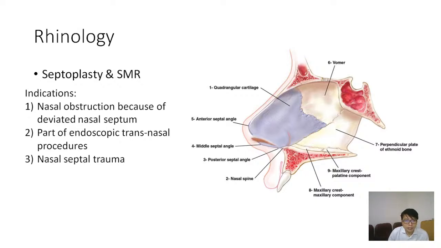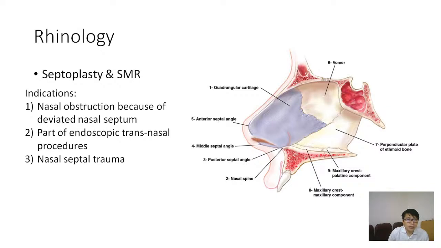When the nasal septum is deviated, causing obstruction to one nasal cavity, or the deviation is causing recurrent sinusitis, because if the septum is deviated very laterally, it can obstruct the sinus outflow and cause recurrent sinusitis, then there is an indication to correct the septum to bring it to the midline. So there are different surgeries for it.